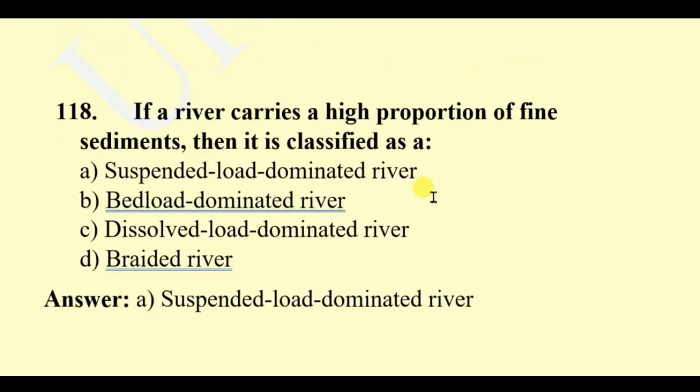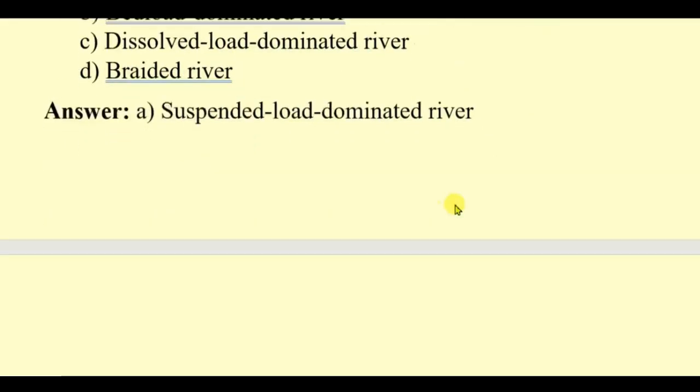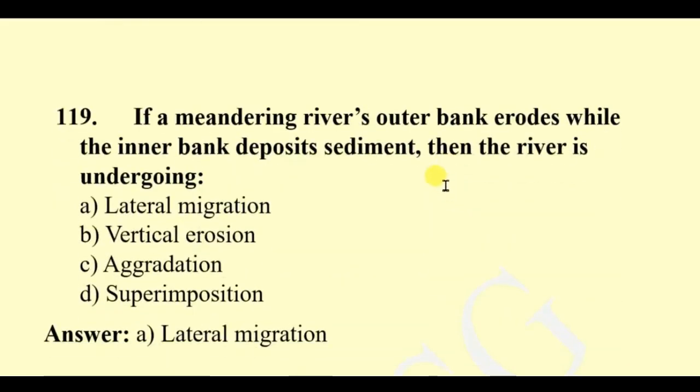Question 118. If a river carries a high proportion of fine sediments, then it is classified as a suspended load dominated river, and you can say a dissolved load dominated river also. Question 119.